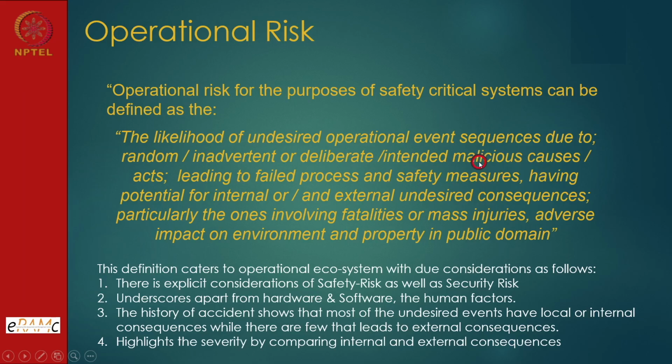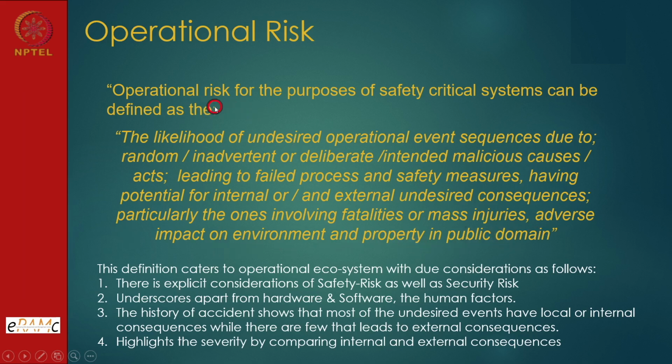It takes care of the security aspect, leading to failed process and safety measures. So the intermediate consequence is failure of the process and safety measures, having potential for internal or external undesired consequences, particularly the ones involving fatalities, mass injuries, and adverse impact on environment and property in the public domain.